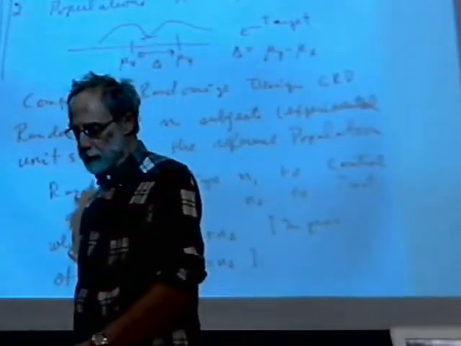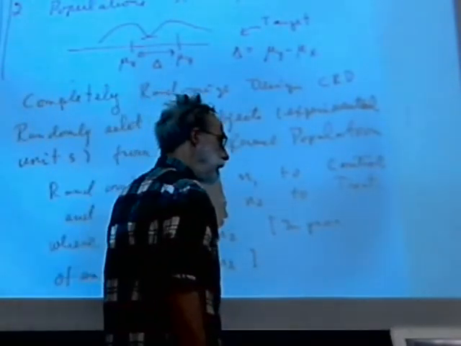In practice, you often take n1 equals n2. That's your most powerful design. You can show that of all combinations of sample size, this will give you the most powerful design. So you often set out to do that, but then maybe a unit dies or something, it goes away.